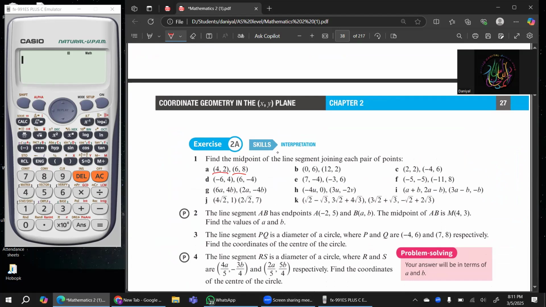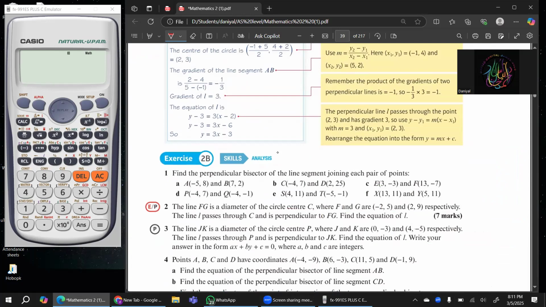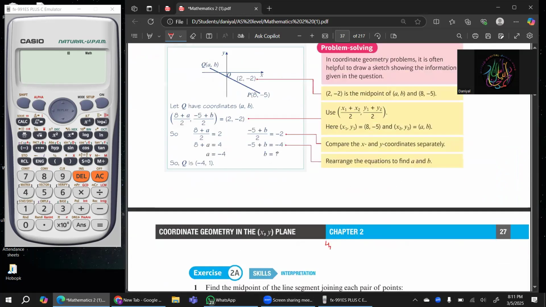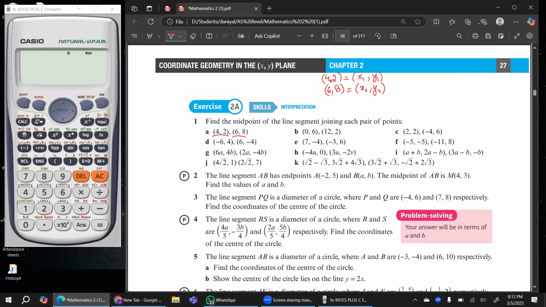So 4 comma 2 will be considered as x1 comma y1, and 6 comma 8 will be considered as x2 comma y2. In order to apply the formula, let's say the midpoint is P(x, y).